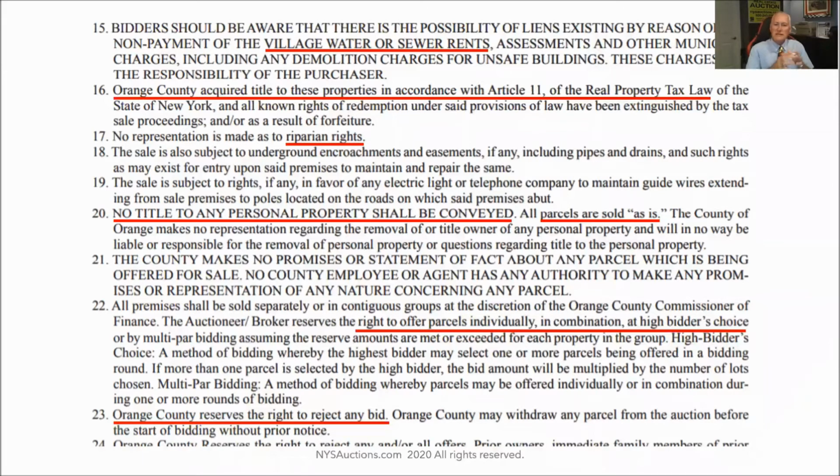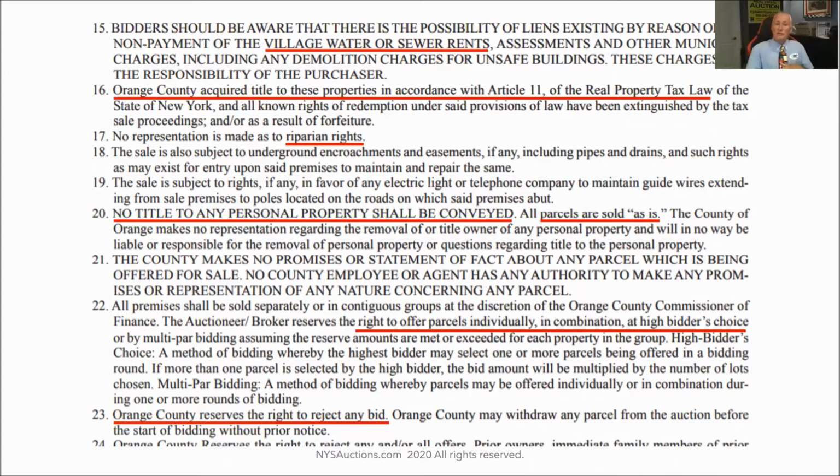Number 16, this appears generally somewhere in the terms of all the municipalities, that it says that these properties are being sold subject to Article 11 procedures of the New York State Real Property Tax Law. And you want to see that in the terms so that you understand that these properties have gone through a foreclosure action that wipes away all known liens from the deed for you, the new buyer.